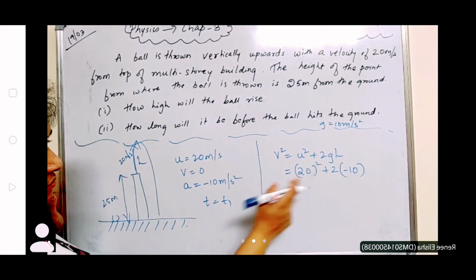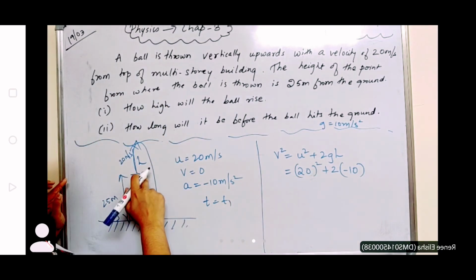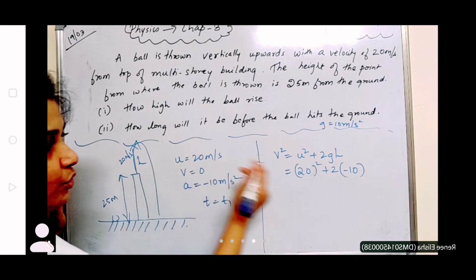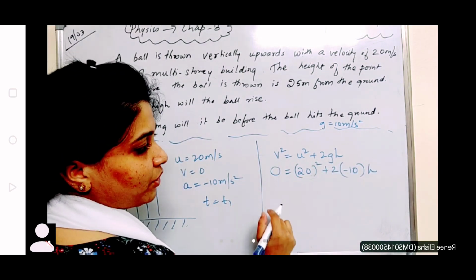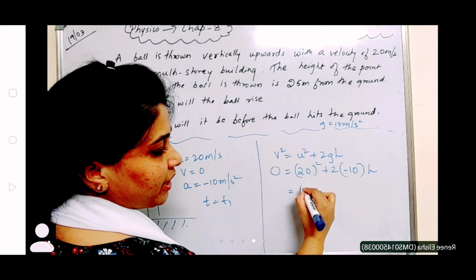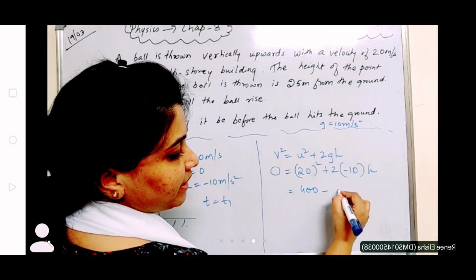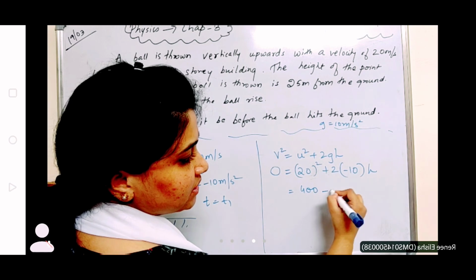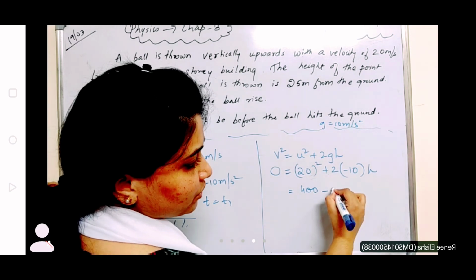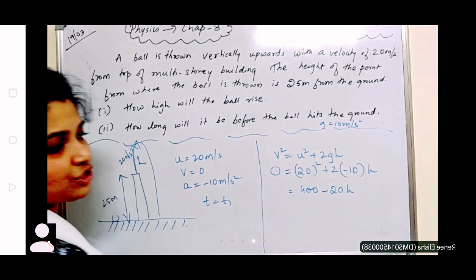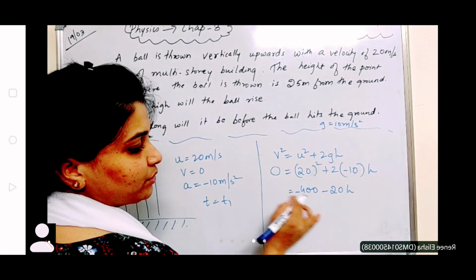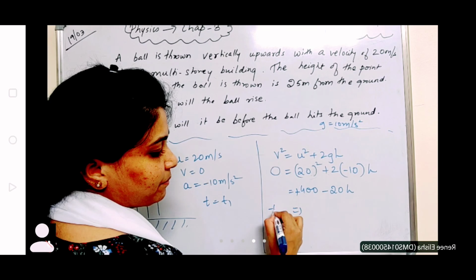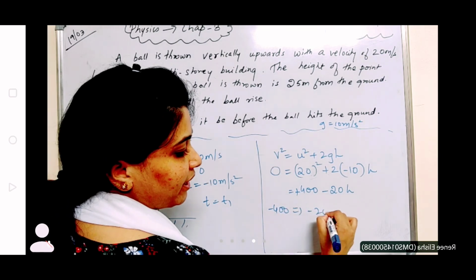What is height here? Height they have not given. Final velocity, yes, we need to find h. So this will be 20 square is 400, minus 2 into 10 is 20, 2 tens are 20, into h. So therefore, let me bring this 400 to this side. Plus 400 will go here. It will become minus 400 is equal to minus 20h.